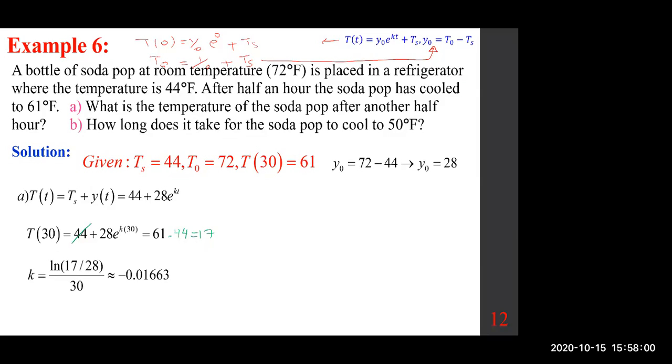So the next step: e to the power of 30k is 17 over 28, everybody.